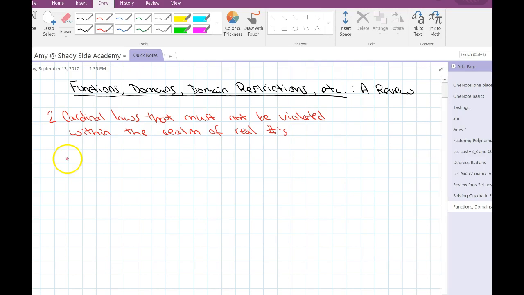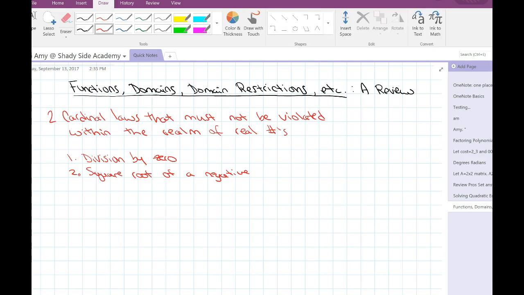Okay, so those cardinal rules are division by zero and the square root of a negative number. Okay, the square root of zero is zero, so that is doable within the realm. But within this realm, the square root of a negative number does not exist, and division by zero is undefined.